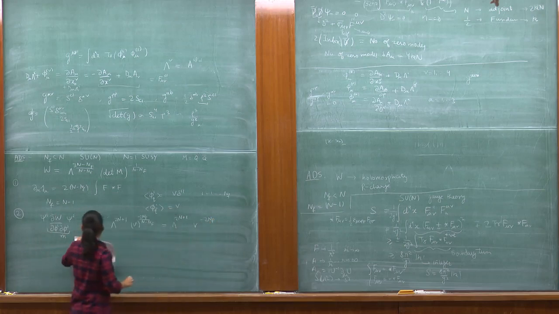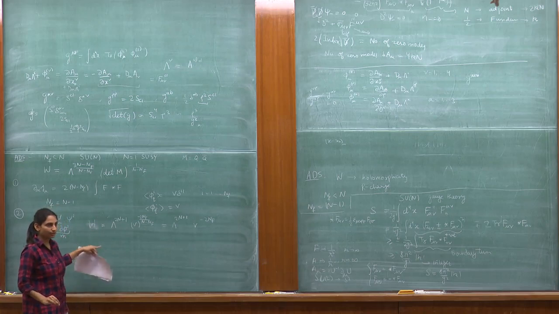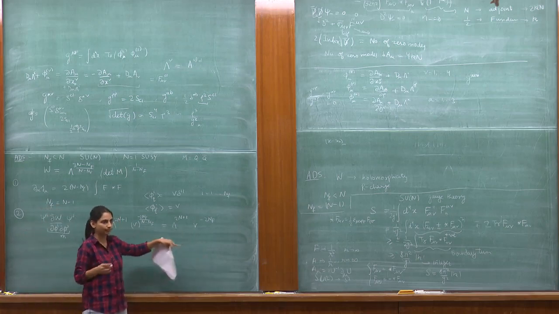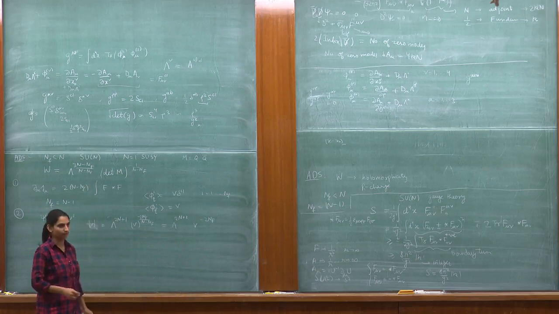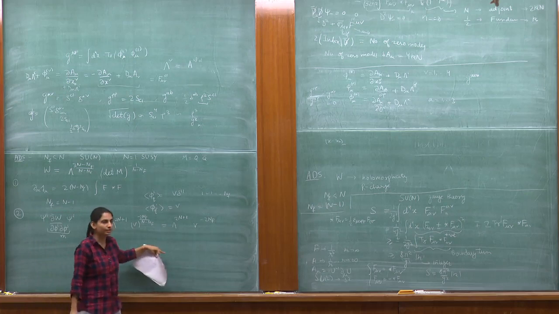Now, this is the superpotential W, and we want to compute the mass. You have to take two derivatives with respect to phi, and we have chosen a very symmetrical vacuum. So we can take two derivatives with respect to v, that will give us the mass. We just need the power.